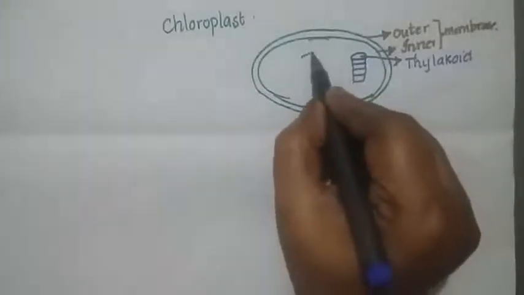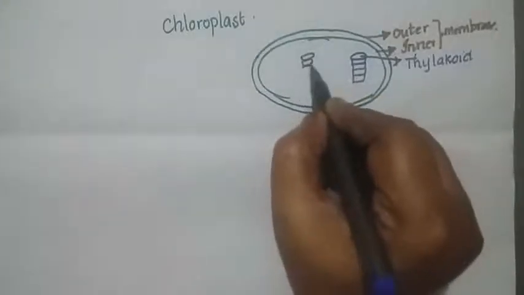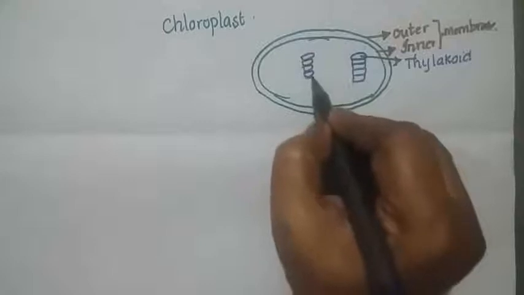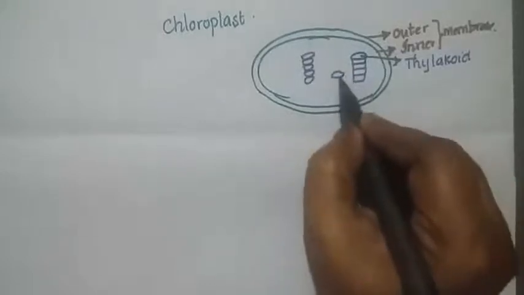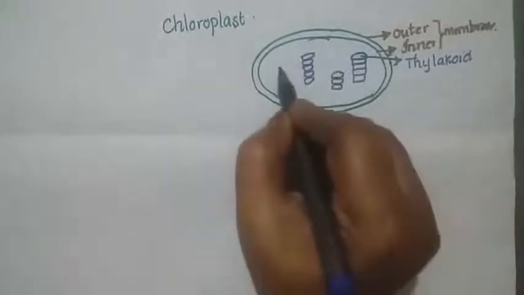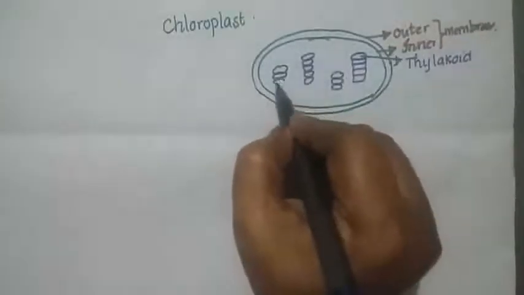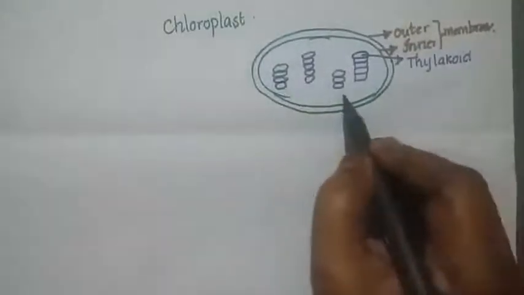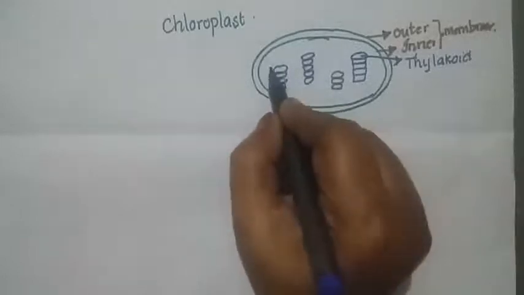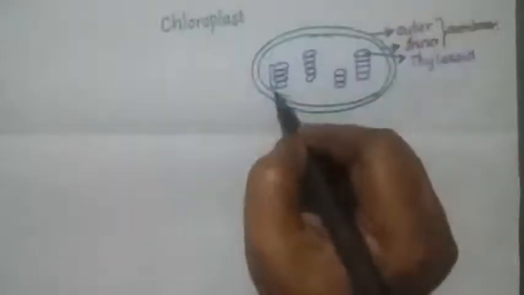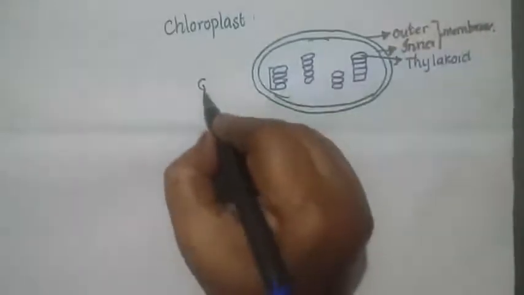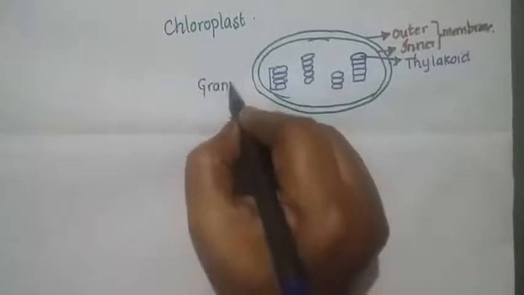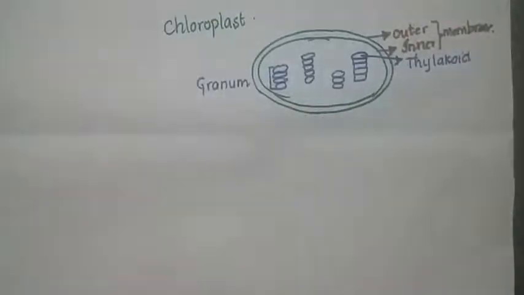So you may find several piles of thylakoids in the entire chloroplast, and a single pile of thylakoids is collectively known as granum.